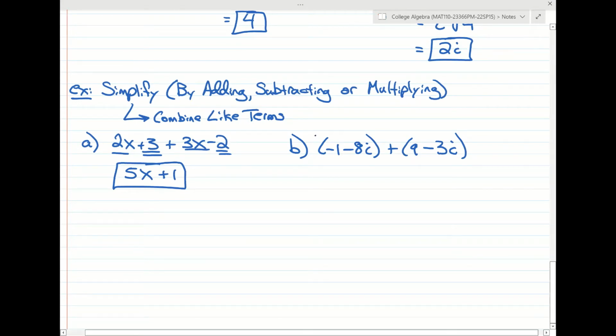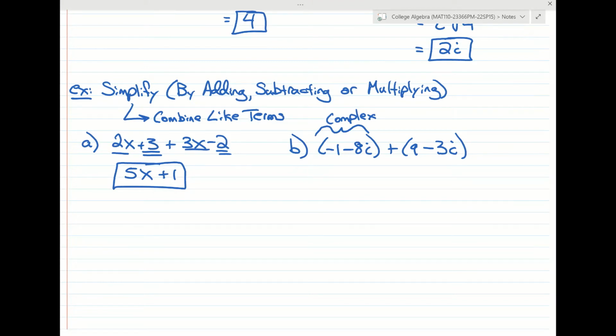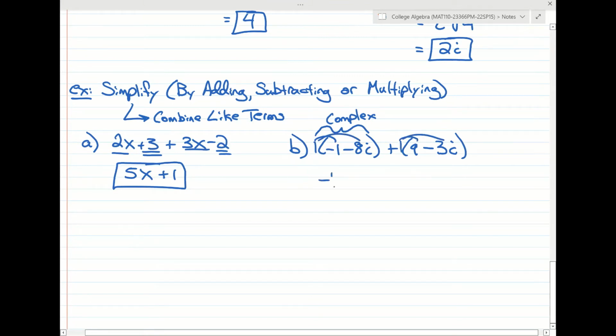This is considered a complex number. Complex because the negative 1 is a real number and the 8i is imaginary. So it's not a hard problem to do. Generally, the way we get rid of parentheses is we just multiply the number that's on the outside. This would just be negative 1 minus 8i plus 9 minus 3i.